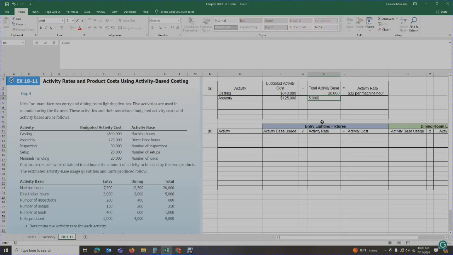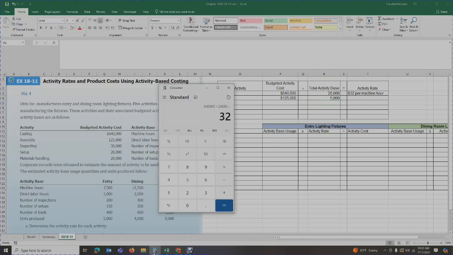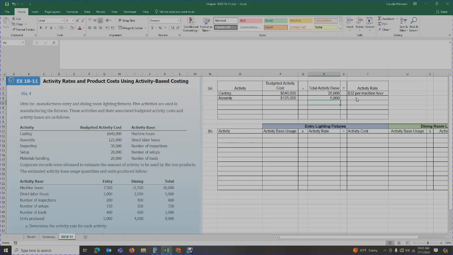So we get our calculator out: 125,000 divided by 5,000 gives me $25 per direct labor hour. I'm going to abbreviate: DLH is direct labor hour.